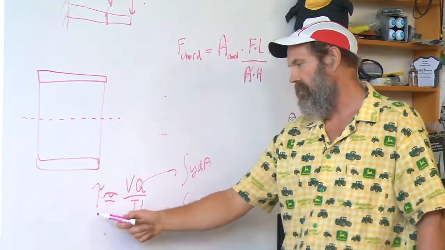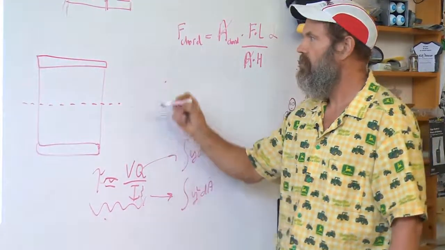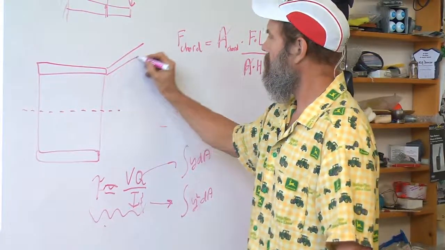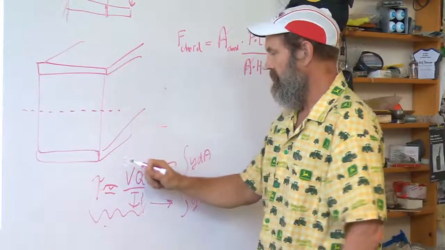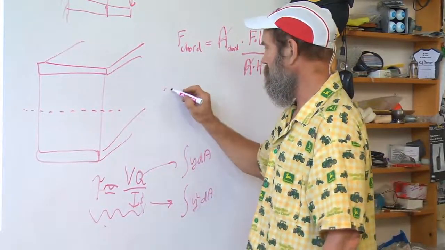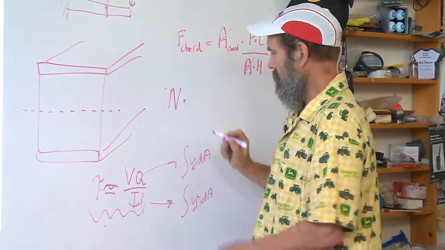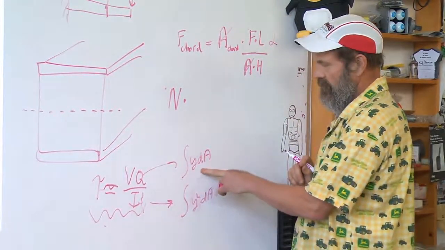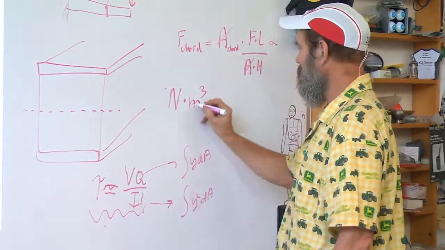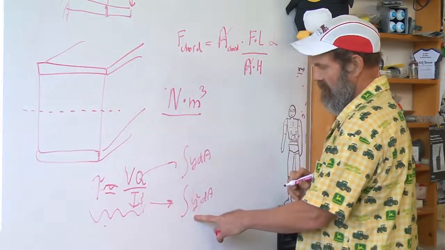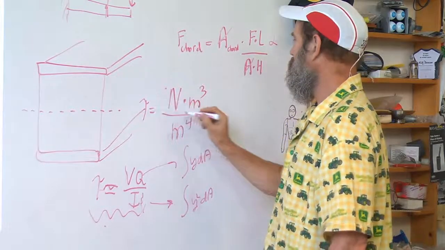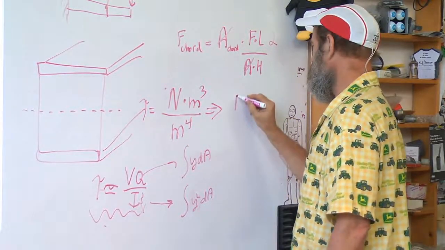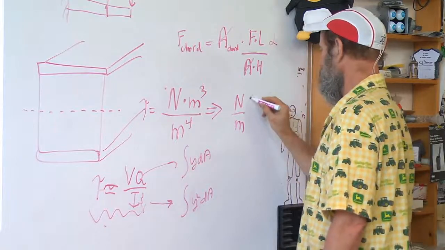Now let's look at the units here. If V is in units of newtons, and Q, the first moment of area, is meters cubed, and I is meters to the fourth, which would imply that the shear stress is newtons per meter.